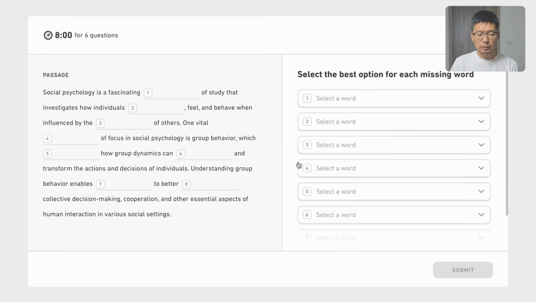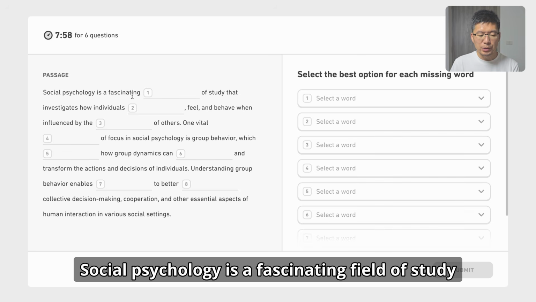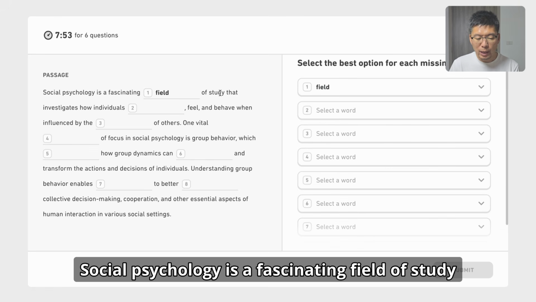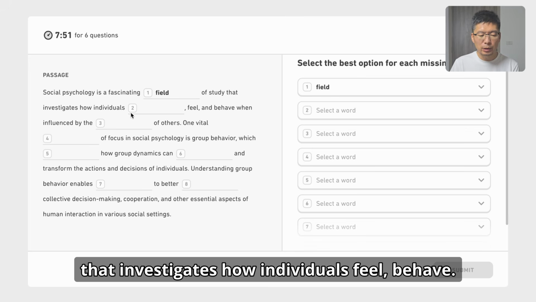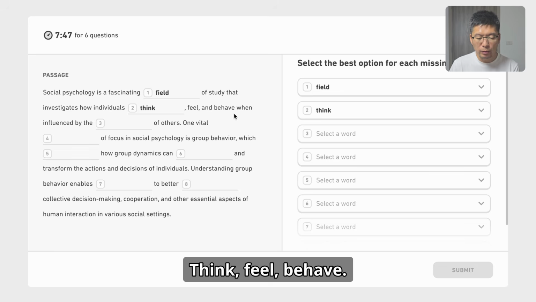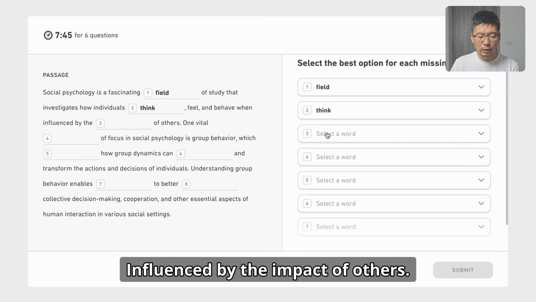Interactive reading. Social psychology is a fascinating field of study that investigates how individuals feel, behave. It's a verb. Think, feel, behave. When influenced by the impact of others.